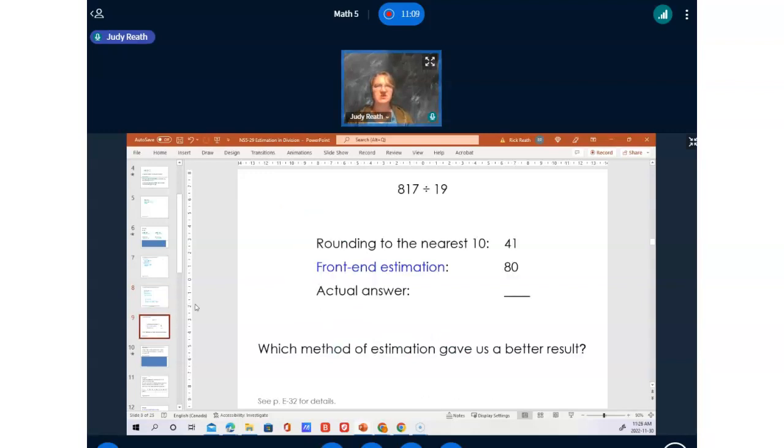So this is how front-end estimation can give us an estimate that sometimes is wildly different. Because when we rounded to the nearest 10, we got 41, but our front-end estimation got us 80. Let's find out what the actual answer is and see what it should be. 817 divided by 19, I'm going to actually use my calculator to figure this one out.